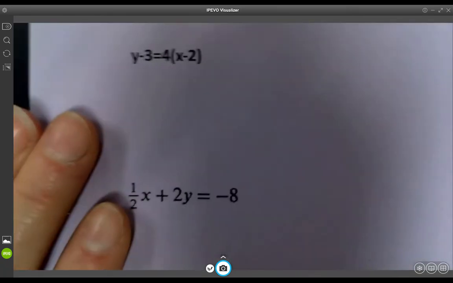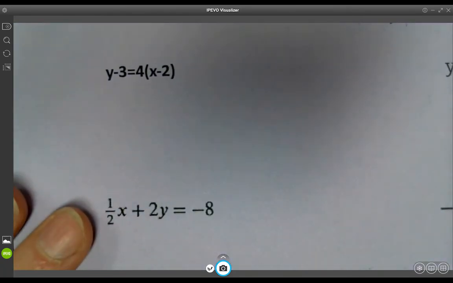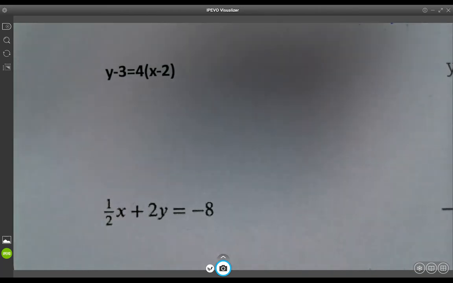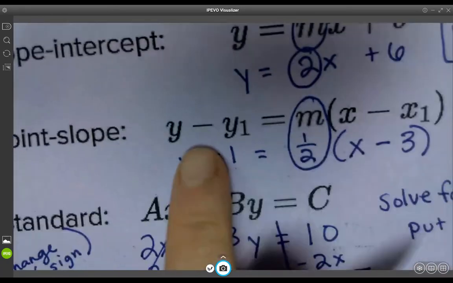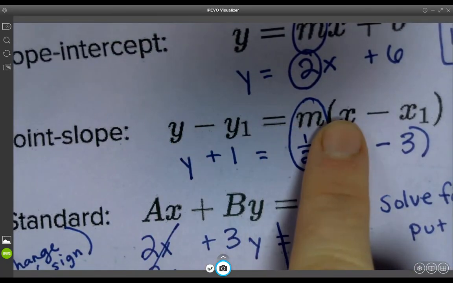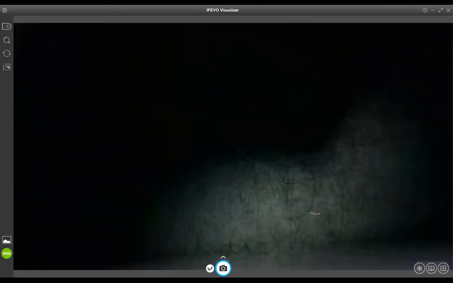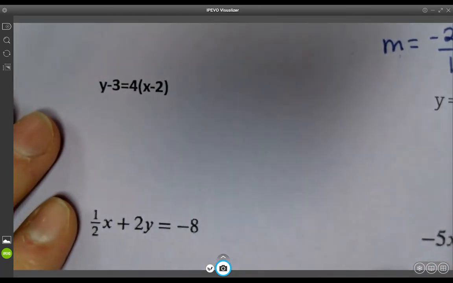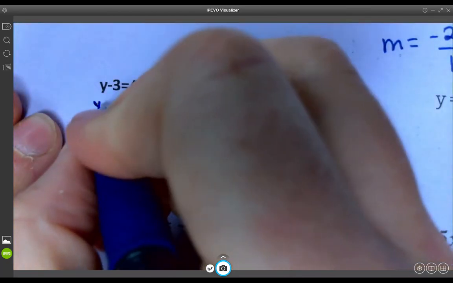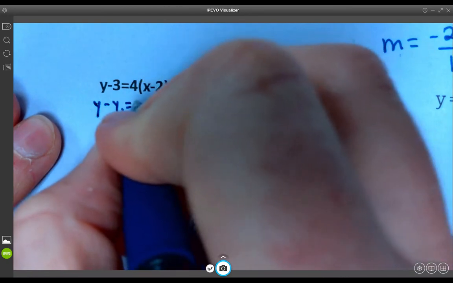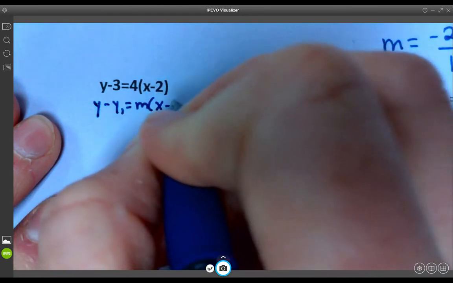All right, the next one, we have y minus 3 equals 4 parentheses x minus 2. This is written in that point slope form. Look at y minus y1 equals m, x minus x1. We're going to write that right underneath, or you can write it above. It doesn't matter. y minus y1 equals m, parentheses, x minus x1.